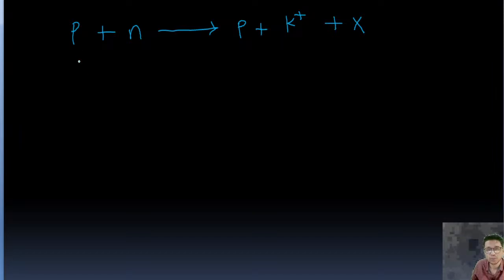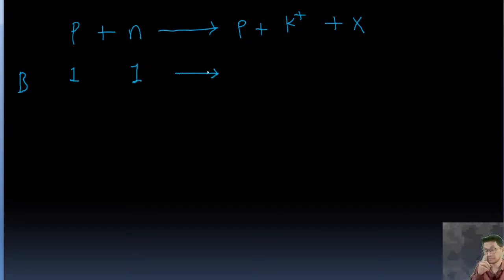Okay, so in this chart which I have explained, proton and neutron are classified as baryons. So the baryon number for proton is 1, and for neutron is 1.